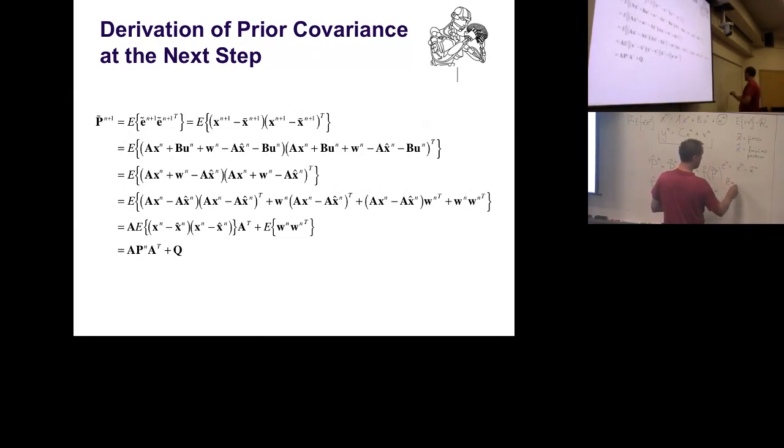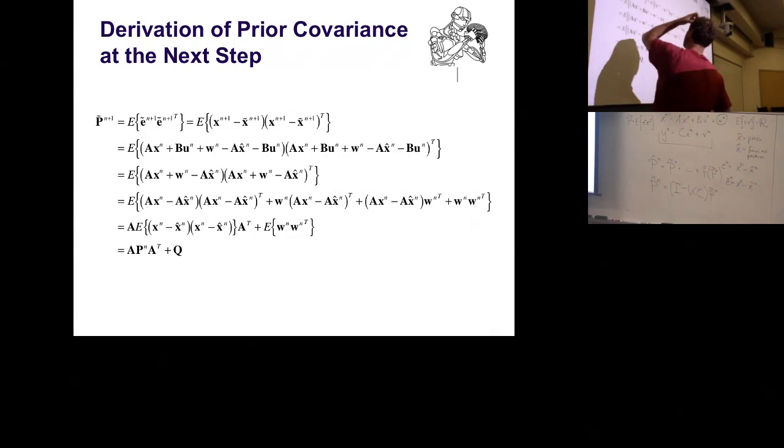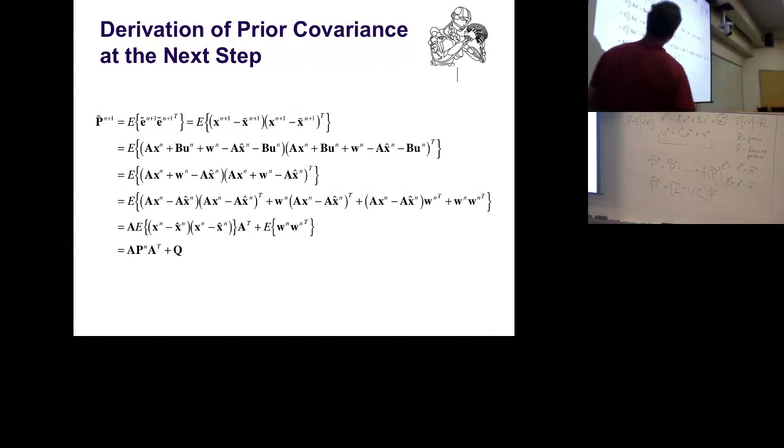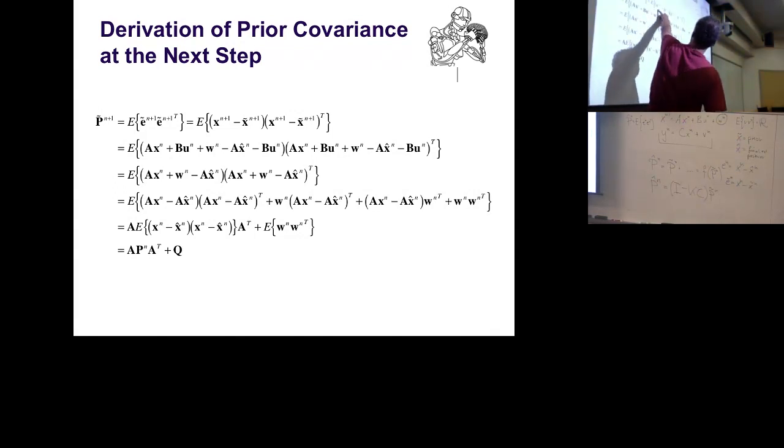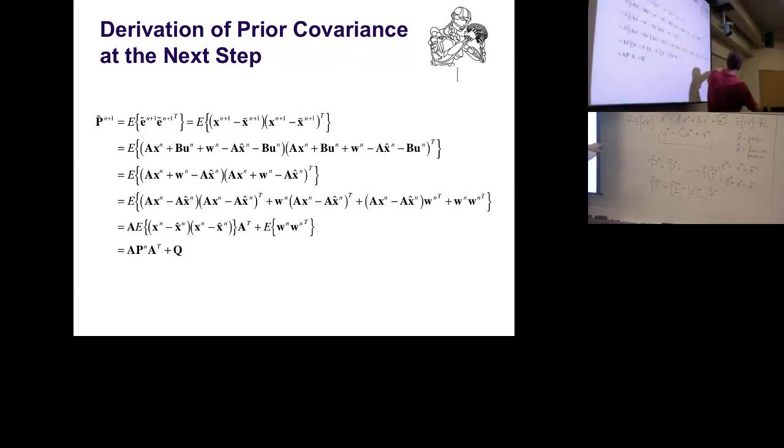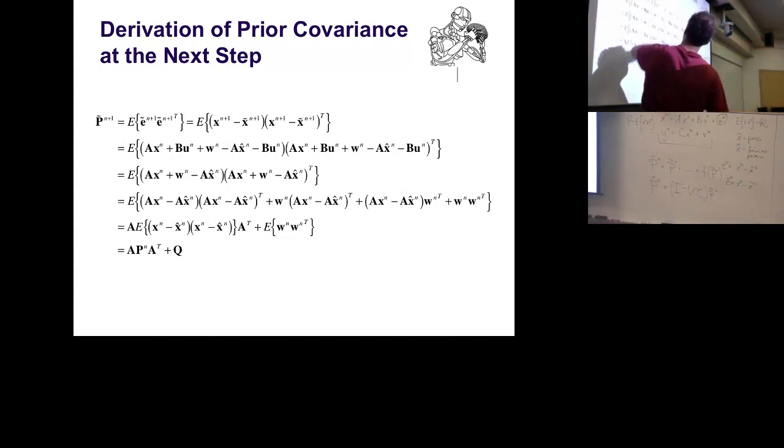E squiggle at time step n is xn minus x squiggle n. You plug that in, and then we use our model. This model without noise term creates our prediction. With noise term, it's our true information.